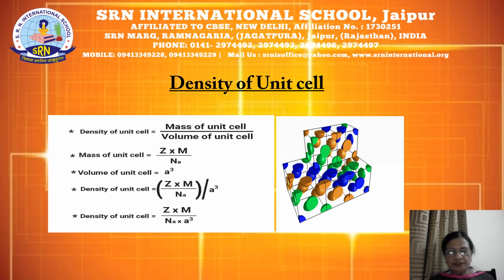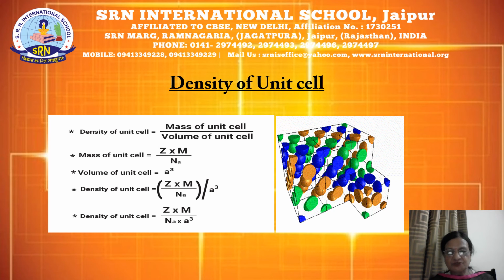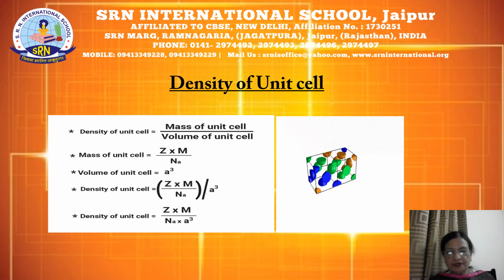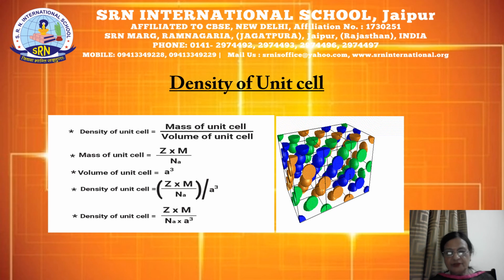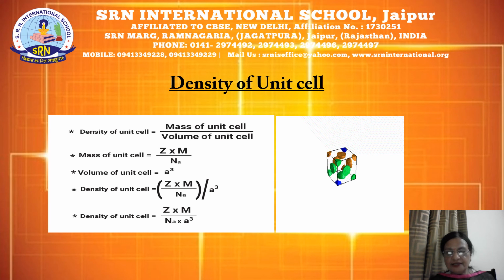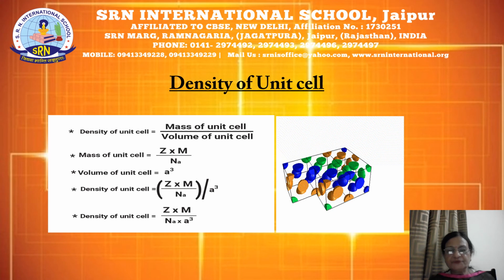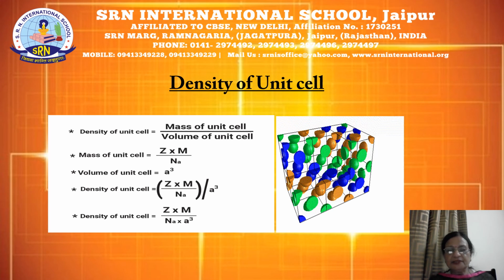Mass of unit cell is given as molar mass of the atom divided by Avogadro constant Na, and Z is the number of atoms per unit cell. Depending upon which unit cell we are considering, we put the value of Z. So mass of unit cell comes out to be Z into M, where M is the molar mass, and Na is the Avogadro constant. So density of unit cell is equal to Z multiplied by M upon Na multiplied by a cubed.